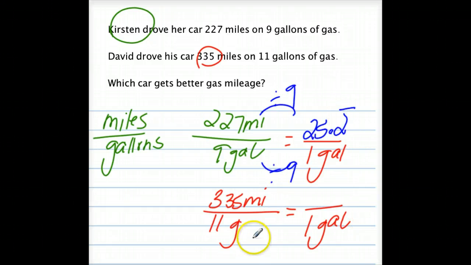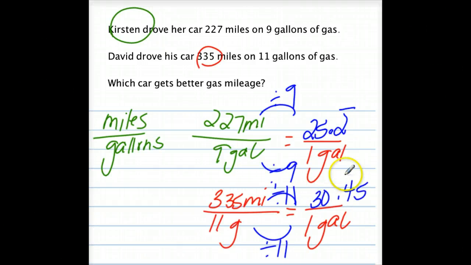Alright, then looking at David's, from 11 gallons to 1, I'm going to divide by 11. And I'm going to do the same thing on top. 335 divided by 11 is 30.45 repeating. So this is really easy to tell now that they're both in the same unit rates. David can go more miles per 1 gallon.